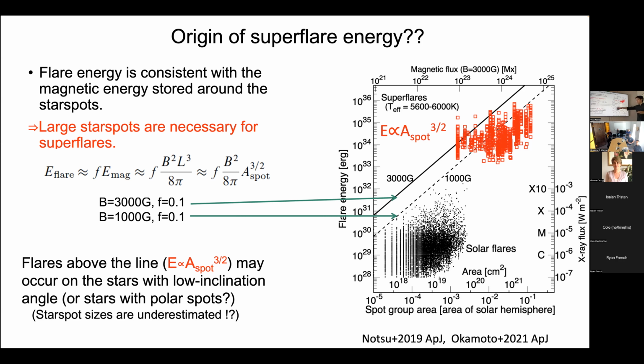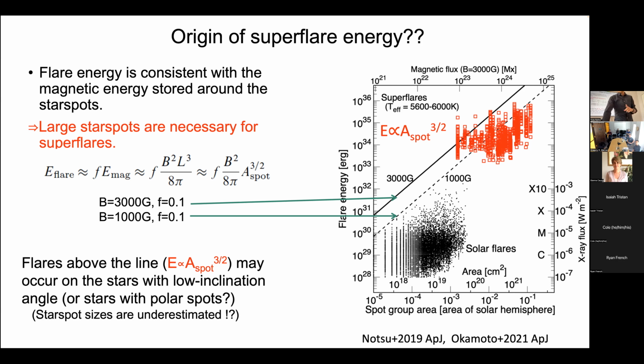If we observe the star from a different viewing angle, the amplitude can be underestimated, so the data points can be located on the left side. In reality, I think the data points are located a bit further right. But anyway, a rough scaling is possible. So large magnetic energies are needed for generating large superflares. This is the energy point of view.